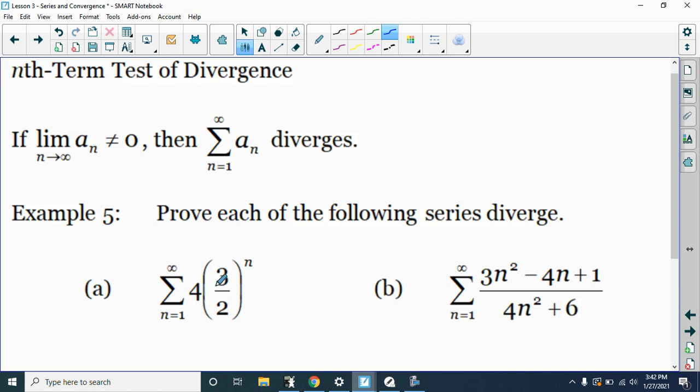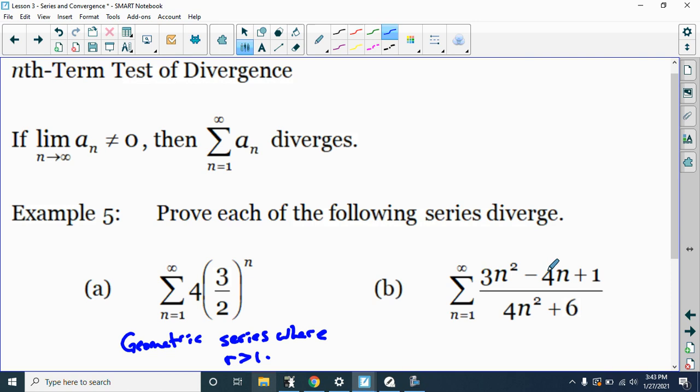We're starting with 4, and then we're multiplying by 3/2 over and over again. So I would state that this is a geometric series where r is greater than 1. 3/2 is greater than 1, it's geometric, therefore it diverges.